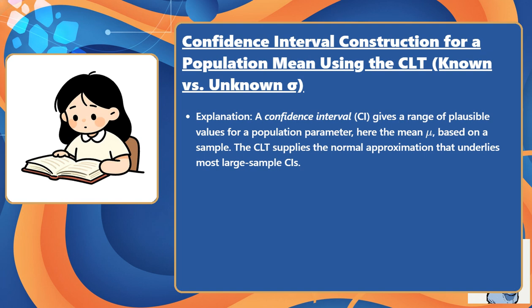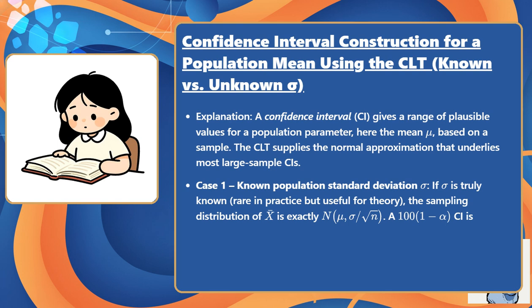Explanation: a confidence interval, CI, gives a range of plausible values for a population parameter, here the mean mu, based on a sample. The CLT supplies the normal approximation that underlies most large sample CIs. Case 1, known population standard deviation sigma: if sigma is truly known, rare in practice but useful for theory, the sampling distribution of x bar is exactly N of mu, sigma over root n.